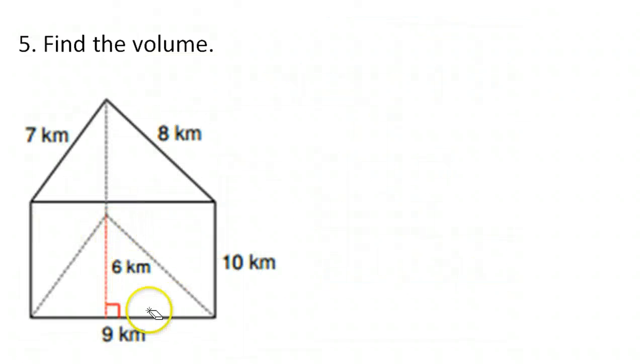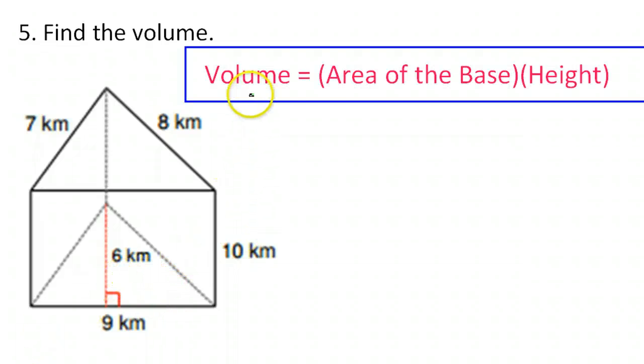Alright, number 5. So we're supposed to find the volume of this thing. Once again, the volume is going to be the area of the base times the height. So for this problem, we know that the height is 10 kilometers. Alright, this is another huge volume. But anyway, we know that the height is 10 kilometers.